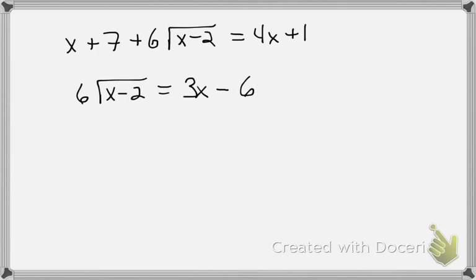Optionally, however, do you see a common factor across this equation? There's a common factor of 3. So if I divide by 3, I'm not going to make fractions, but it is going to make smaller numbers. So if I divide everything by 3, I'm going to wind up with 2 square root of x minus 2 equals x minus 2. You guys agree?